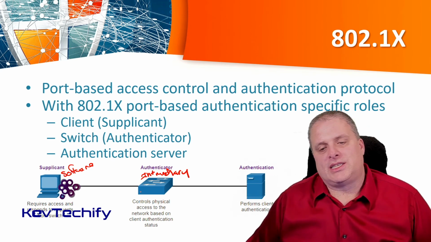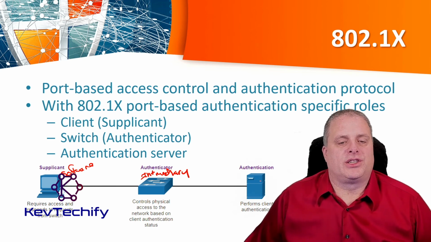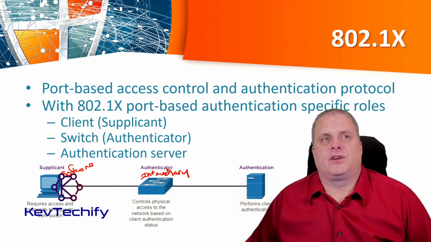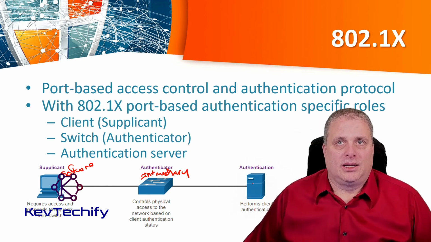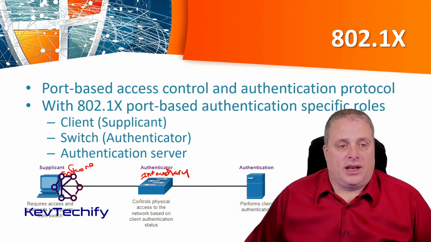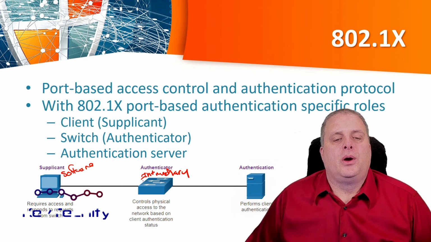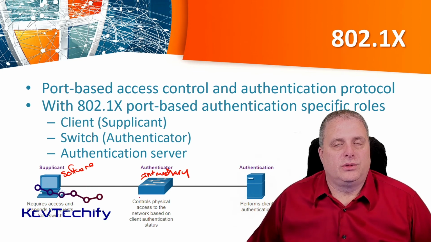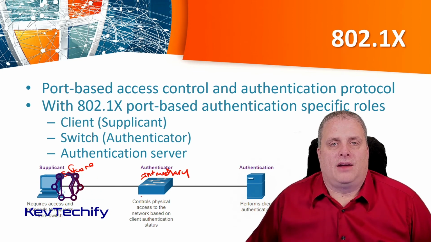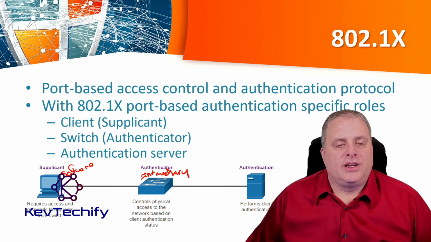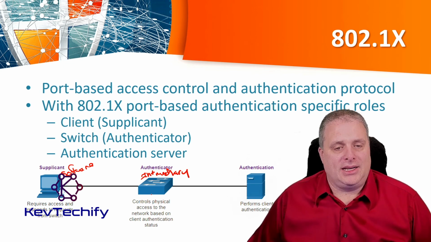It sends a request to the authentication server. The authentication server responds back saying, okay, it's authenticated, and we authorize it to do this: have access to a certain VLAN, have access to different networks. And so it's sort of an intermediary. We don't store any of the authentication on it. That's why it's called the authenticator.